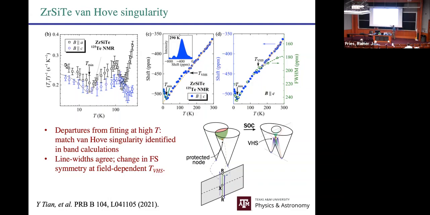Actually, there are 3 nodal lines very close together. And those 3 nodal lines happen between what's called a Van Hove singularity. A Van Hove singularity just means a switching or a singularity in the density of states that comes from a change in the energetics as you have a crossover. In this case, there's a crossover from the node at the middle and the 2 nodes at the outside.